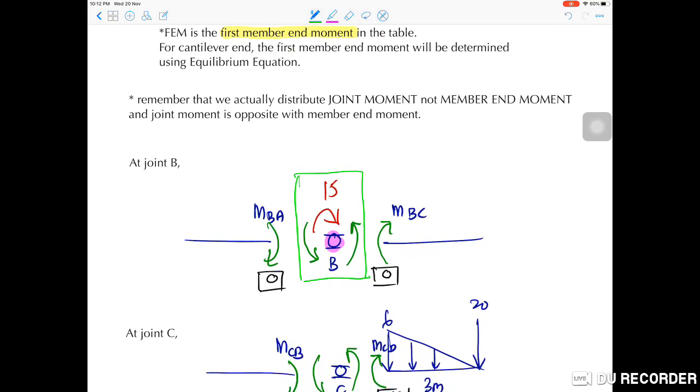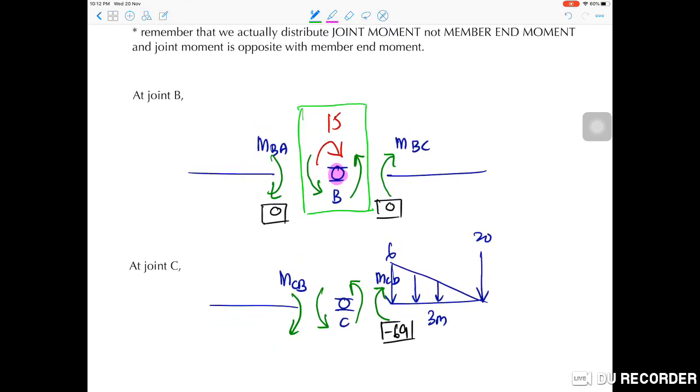For joint C, there is no fixed end moment at member BC. However, there is a value of MCD which we can get from the triangular load and a joint moment, and we need to calculate the value of MCD using the equilibrium equation.